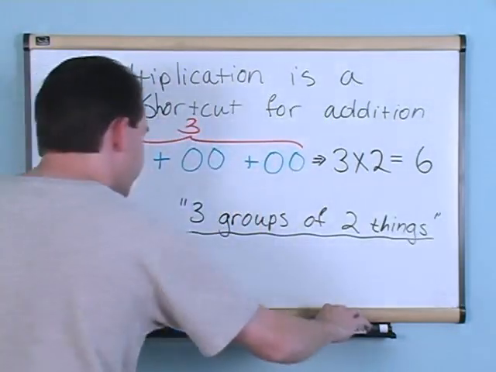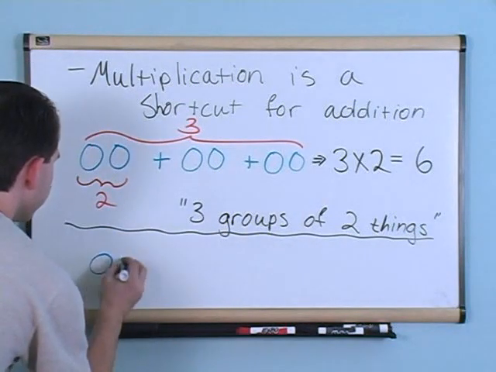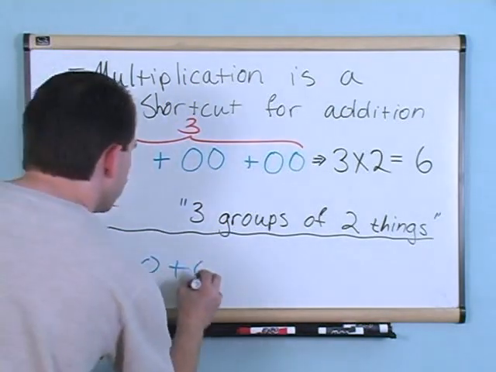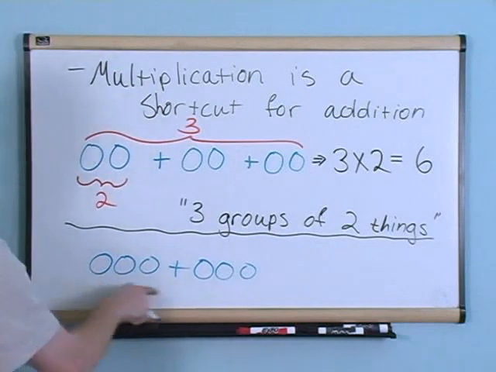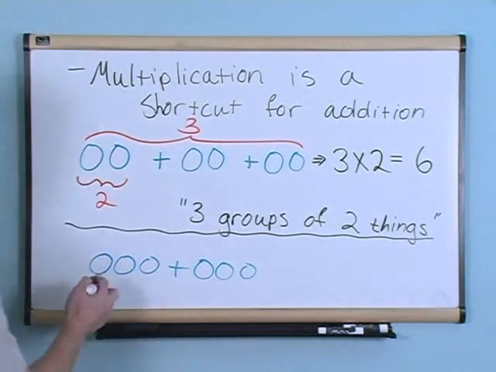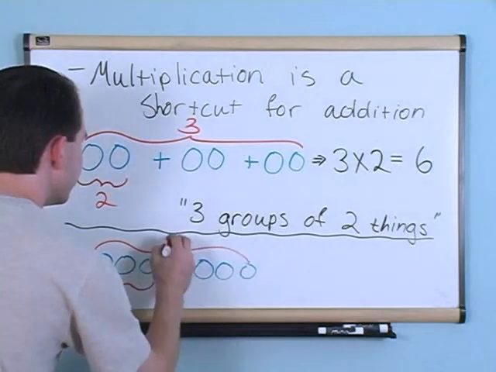Now let me do things a little bit different, and let me draw it like this. What if I have 1 circle, 2 circle, 3 circle, and I'm going to add to it 3 more circles? Okay? Now, it's the same number of circles in both cases, but what I have here is 3 circles, and I have 2 groups.